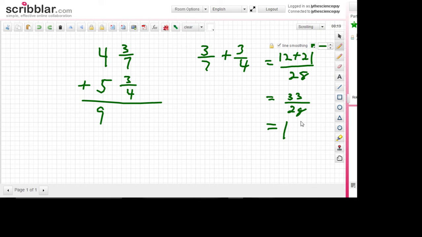And then we have 5 left. So it'd be 5 28s. Now I got to add those two together. So it'd be 10 and 5 28s. So you just have to do one extra step. That's cool.